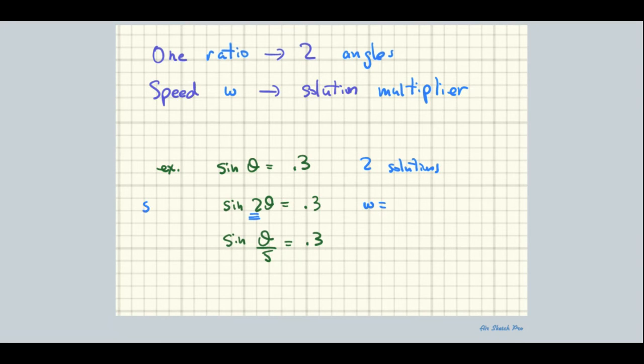This is sine of omega theta, as in omega theta plus phi. And that's the same omega that gave us period as 2 pi over omega. So, with omega equal to 2, how many solutions do I expect? 4. There we go. 4 solutions.